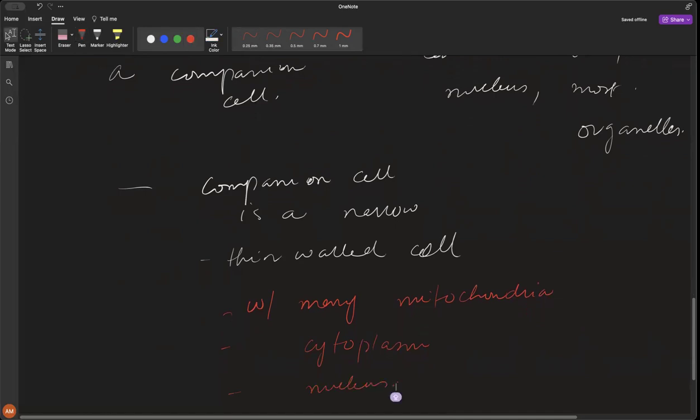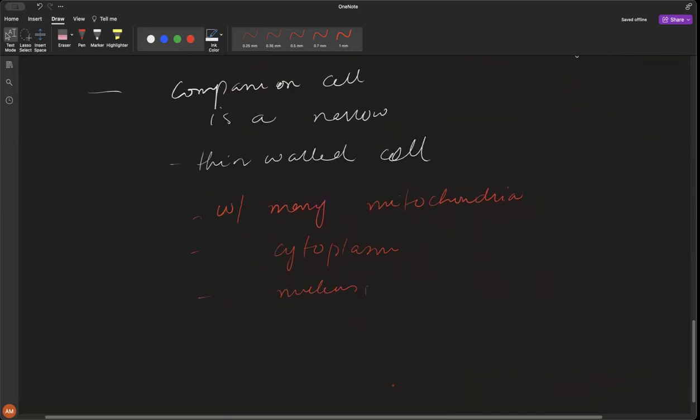Just like a normal cell, but it does not have any vacuole, you see, no vacuole.